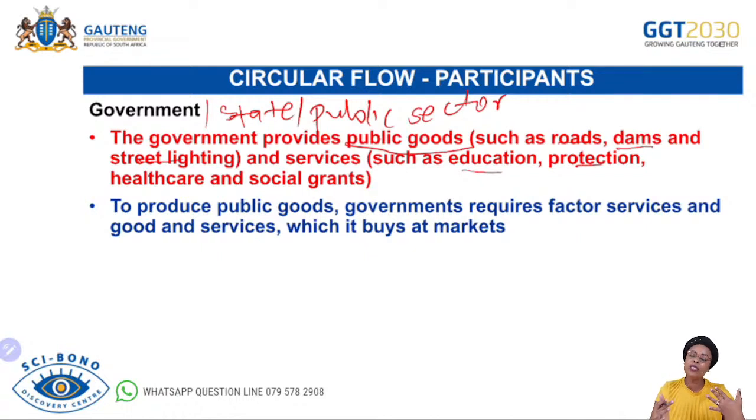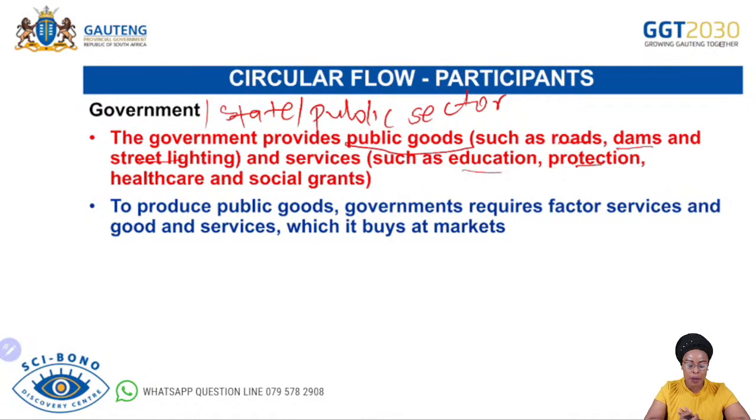The government will get the money from taxation. That's another interaction. The government collects taxation from the private sector and from the consumers and even from the foreign sector. The government collects tax and provides us with these public goods.